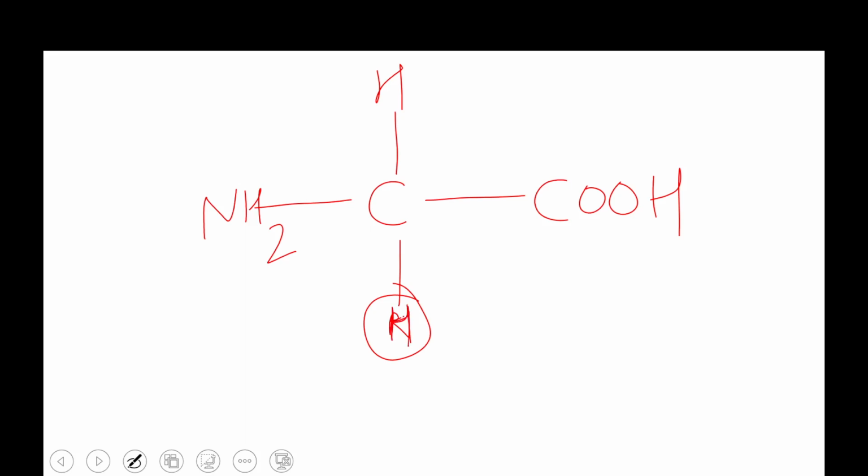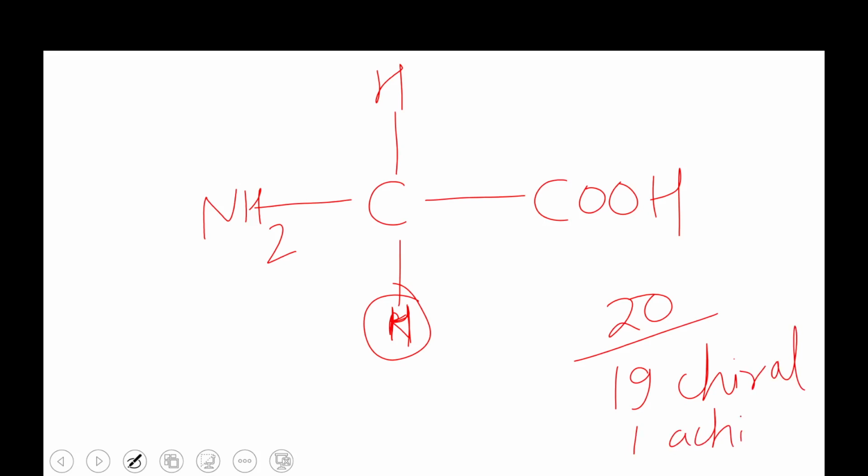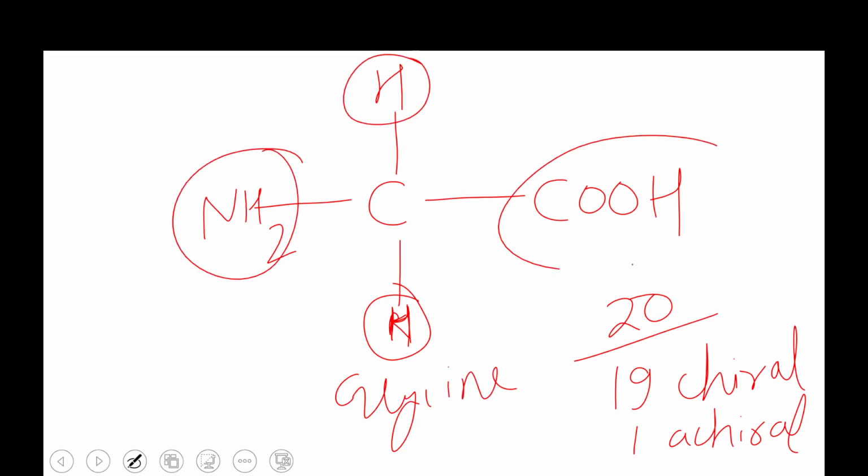We have 20 standard amino acids, right? Out of that only 19 are chiral, and one amino acid is achiral, and that is glycine. For a chiral carbon we need four different moieties attached to the center carbon.